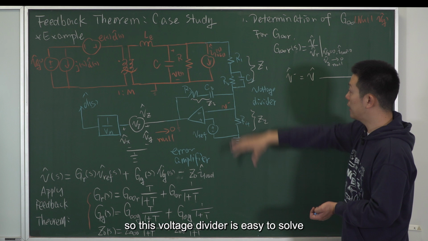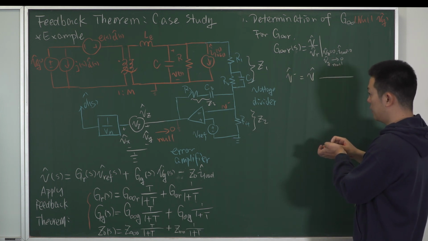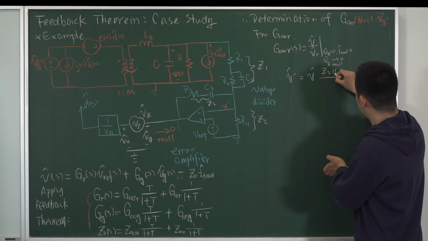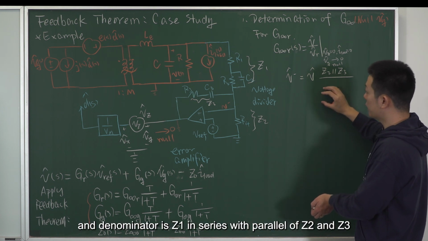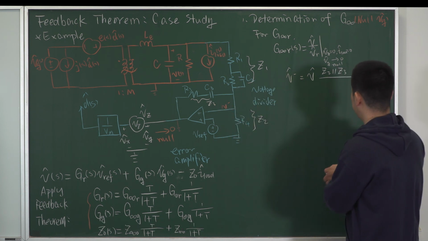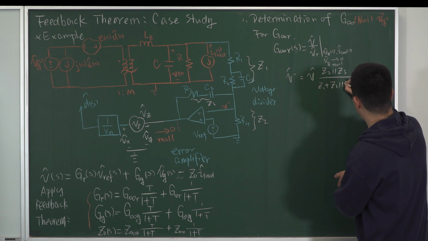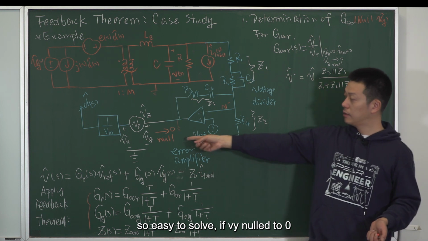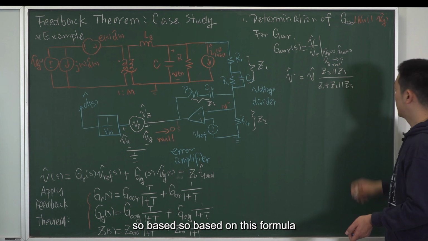So this voltage divider is easy to solve. The numerator is the parallel of Z2 and Z3, and the denominator is Z1 in series with the parallel of Z2 and Z3. So it is easy to solve if Vy is not 0.